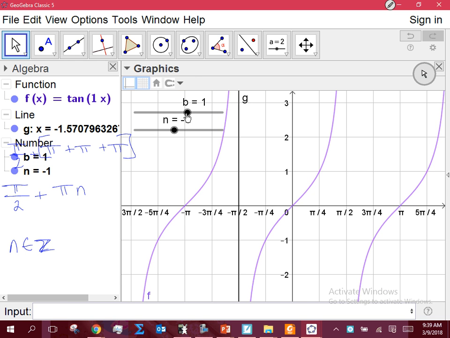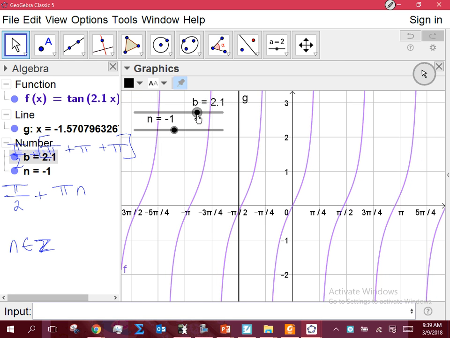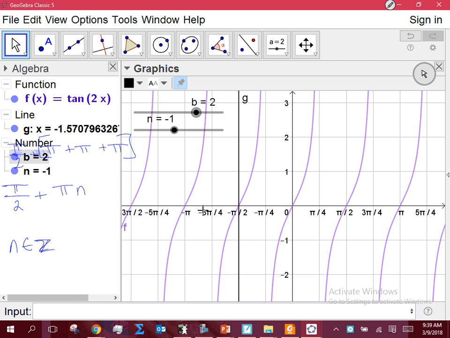Okay? Well, is that the same then when b changes? Is it an asymptote now? No. So we've got to adjust our formula for when b changes. If I change b to 2, we actually see that our asymptote is bisecting this tangent curve, right?